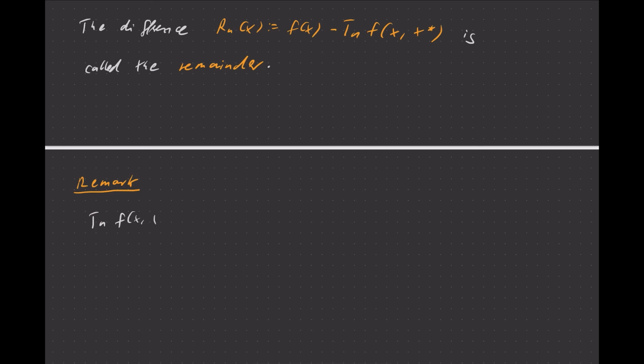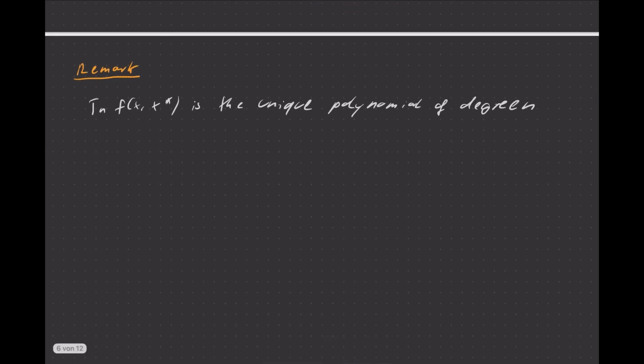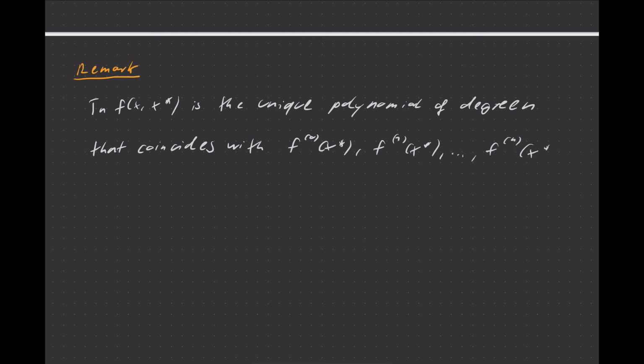Tn f x star is the unique polynomial of degree n that coincides with the function value of f, which could also be seen as the 0th derivative at the point x star, the first order derivative, the second order derivative, and so on up to the nth order derivative at x star, if we substitute x star for x, so at x equals x star.